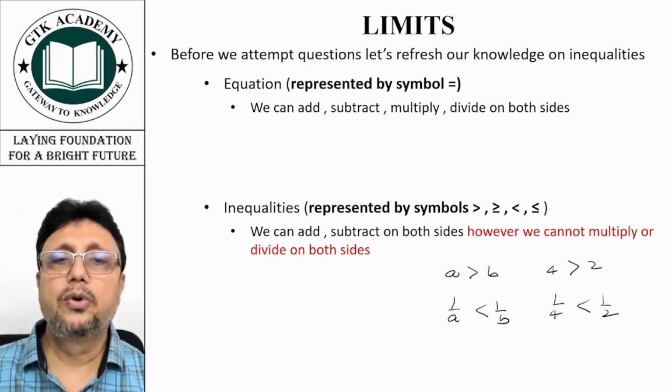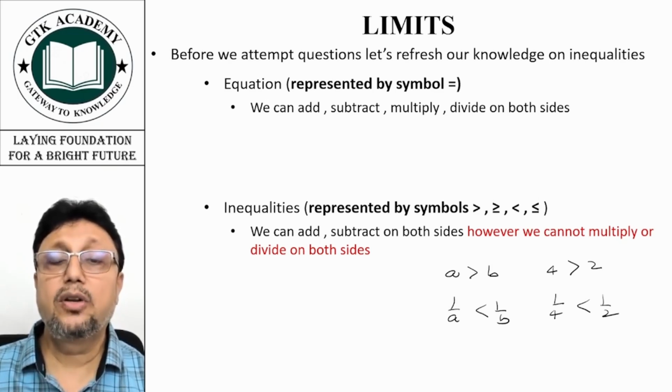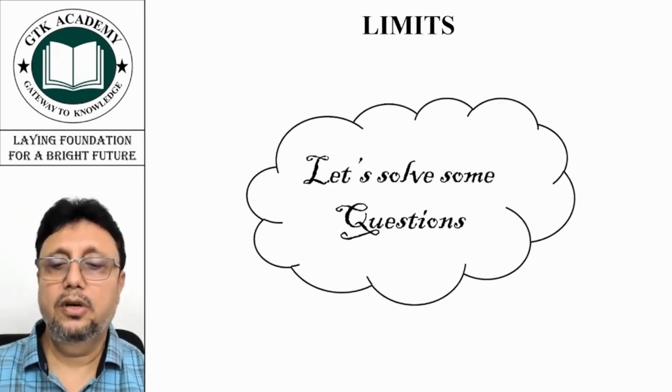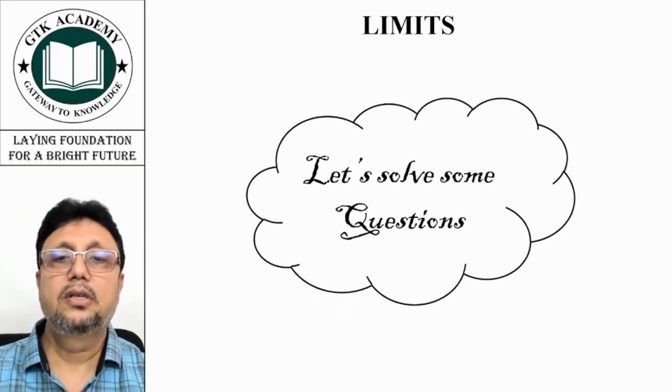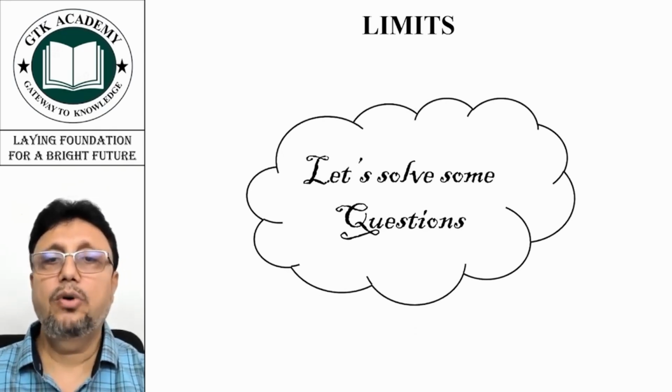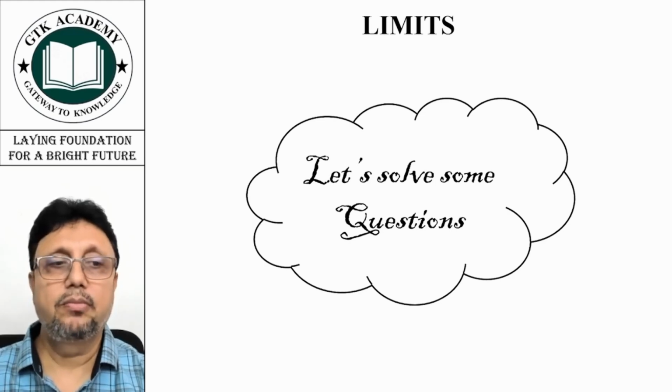This much input about inequalities is sufficient in order to tackle the problems we are going to deal with. Now let's solve some questions on the sandwich theorem so that we have a fair idea of how to solve such questions.